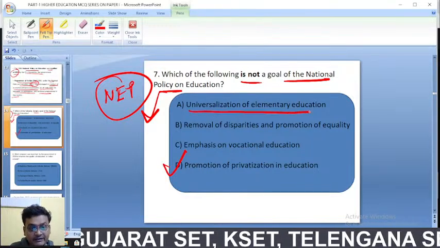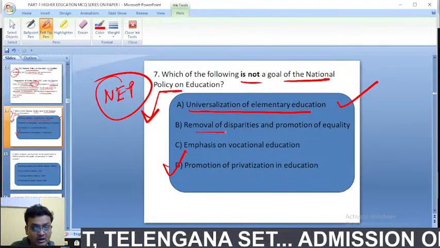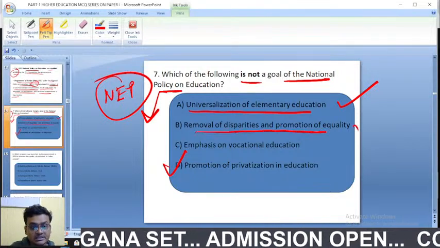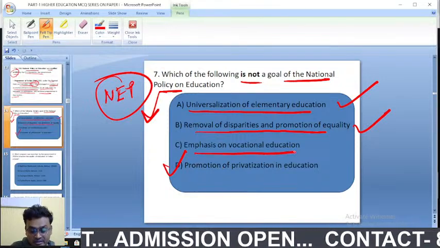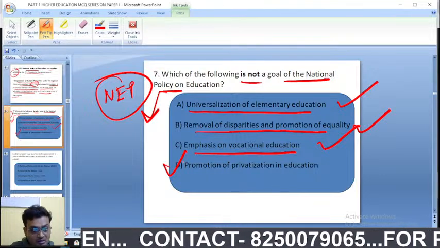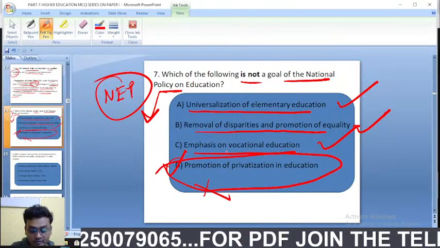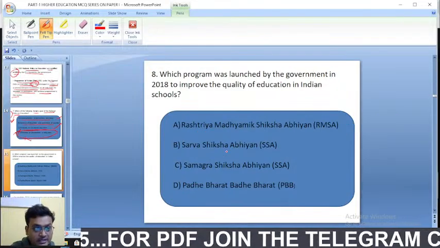Universalization of elementary education, that is Samagra Shiksha Abhiyan, removal of disparities and promotion of equality, emphasis on vocational education, all these are goals of NEP. Promotion of privatization of education is not a goal, right?